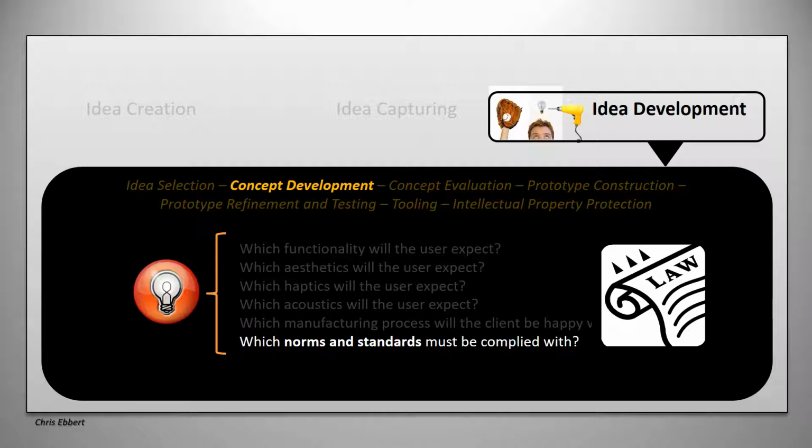Before you curse that, wait a minute, it is actually a very good thing, because if you familiarize yourself fully with all the norms and standards that are expected of your product, your design is halfway done and almost necessarily successful, because norms and standards are in the interest of the user. So they're giving you a lot of default settings that are extremely useful and contribute to the success of your design.